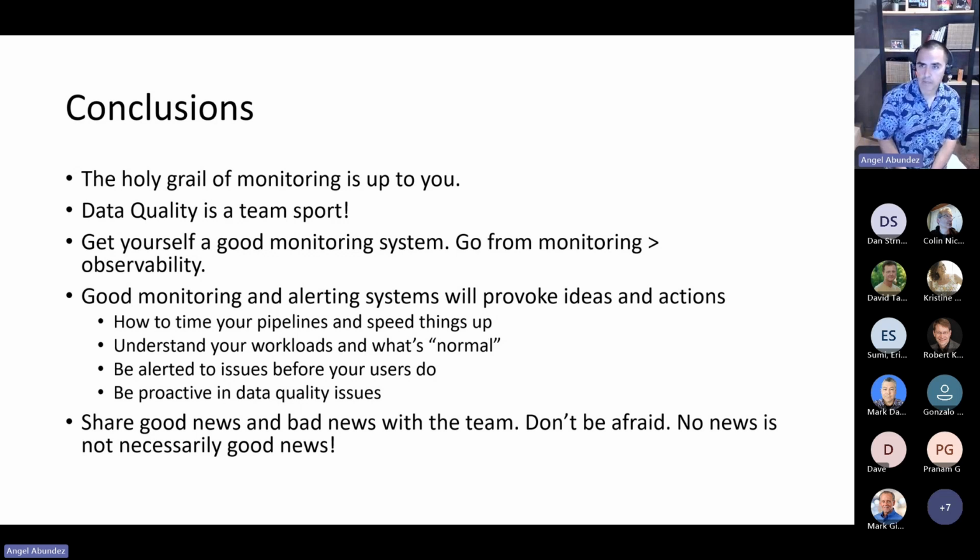But another thing to be cognizant of is that data quality is a team sport. You can't do this on your own. Now, I don't envy people who might be their own architect, their own data engineer, their own analyst, and I know there are shops like that. But in my case, it is a team sport.